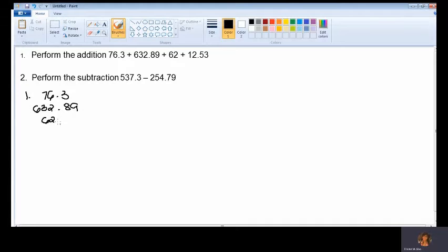In this part, in a whole number, the decimal point comes to the right of the last digit. We also need to add as many zeros as necessary to fill in the columns. And the last one is 12.53. So we're going to add all of this.